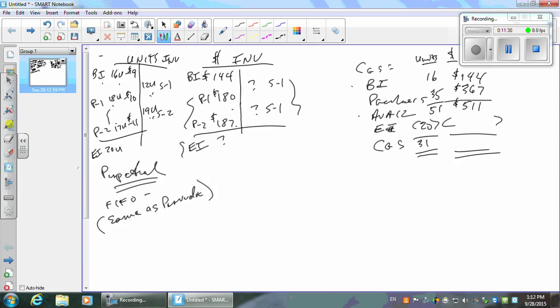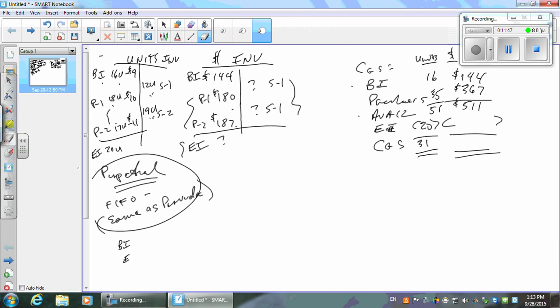And you know what? It really makes a difference because it's going to change your income, going to change your assets, right? Okay. So what we've got to do is value that 20. So we did perpetual FIFO. What were those numbers anyway? Not beginning inventory, ending inventory and cost of goods sold.